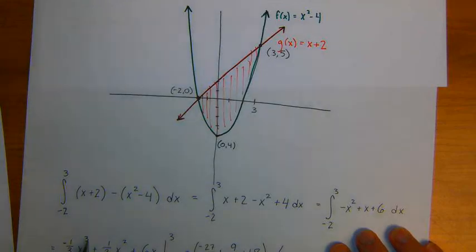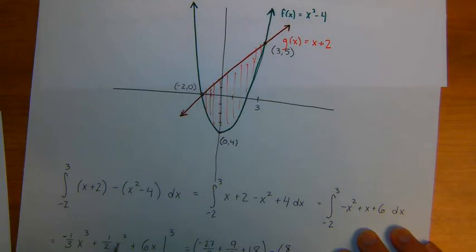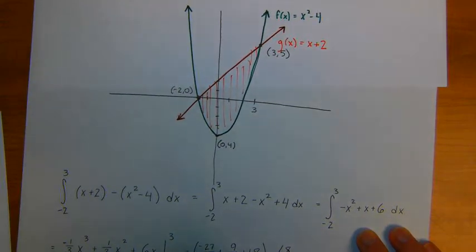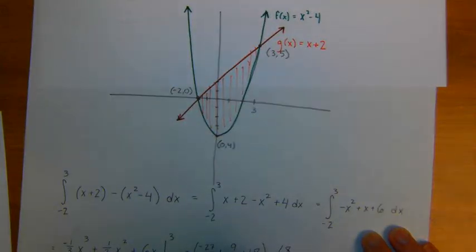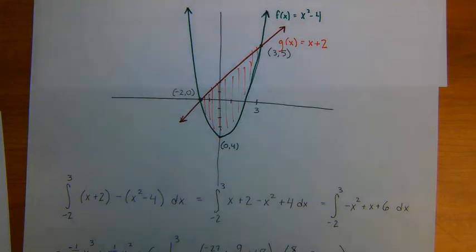So -2 to the third is -8, times a -1/3 becomes +8/3. -2 squared is +4, divided by 2 is 2. And -2 times 6 is -12. And plugging that into our calculator, we get our final solution.